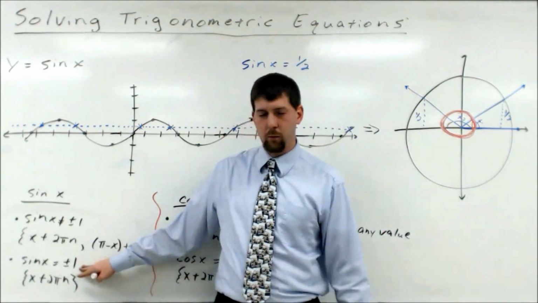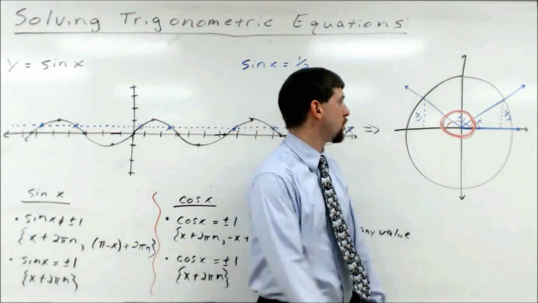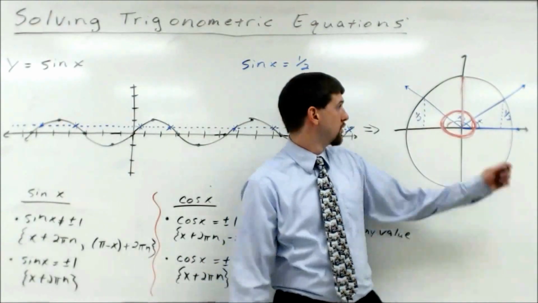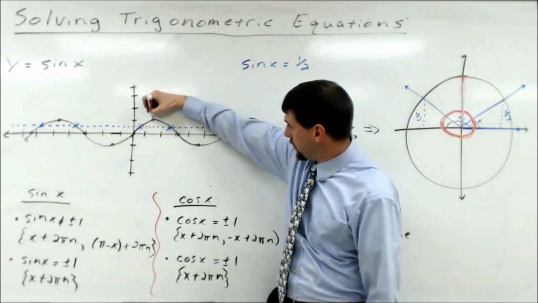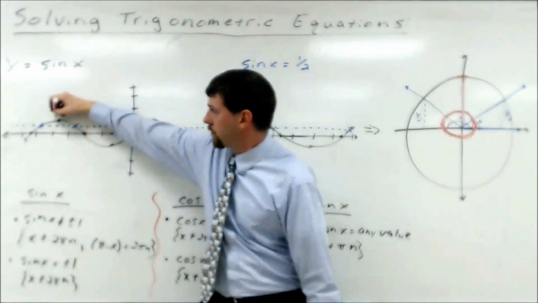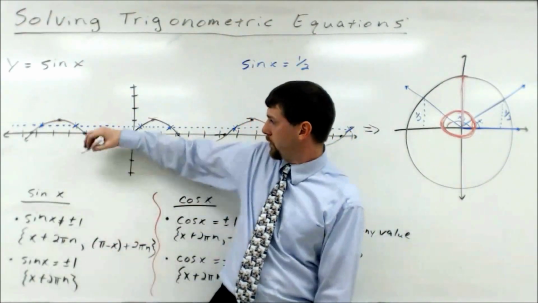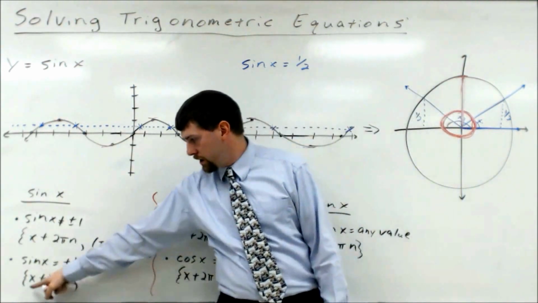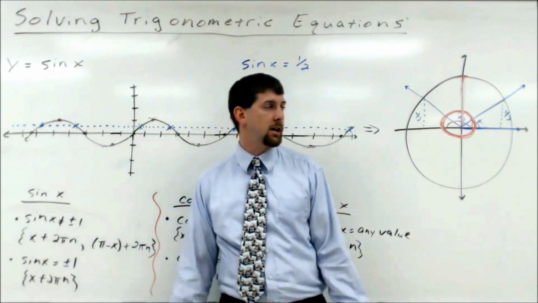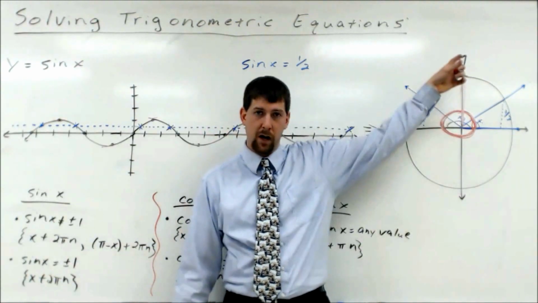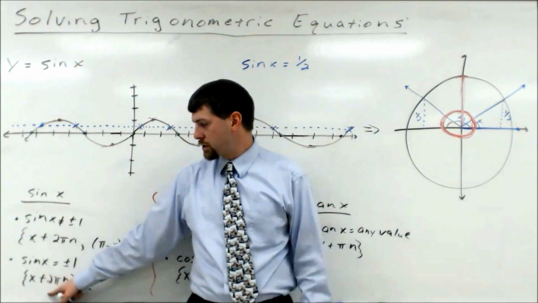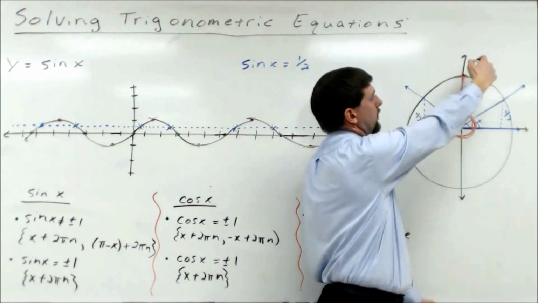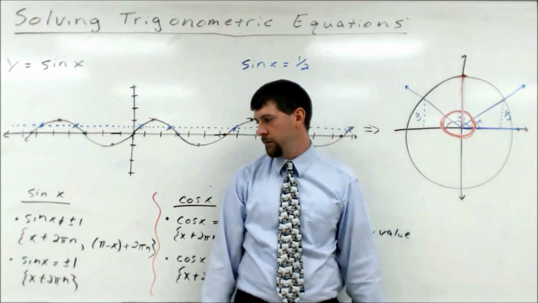Now, the reason that 1 and -1 are different is because 1 only occurs one time in that rotation. So it's only going to occur once every 2 pi radians. Same for -1. It's only going to occur once every 2 pi radians. So it's the angle, whatever angle we happen to get, 90 degrees or 270 degrees, pi over 2 or 3 pi over 2, plus 2 pi n. So once I'm at this height of 1, I've got to go a full circle before I get to that height of 1 again.